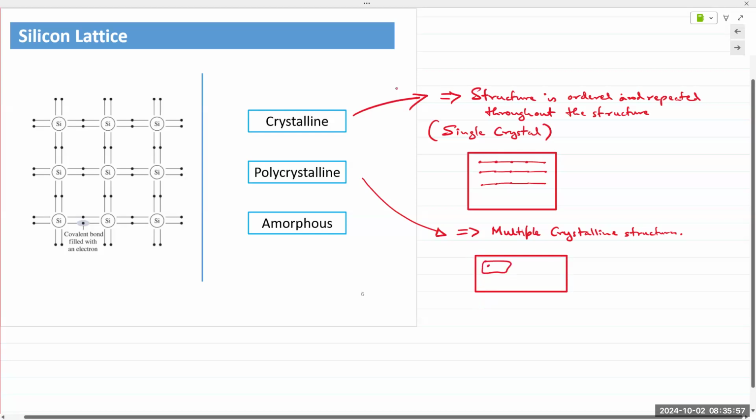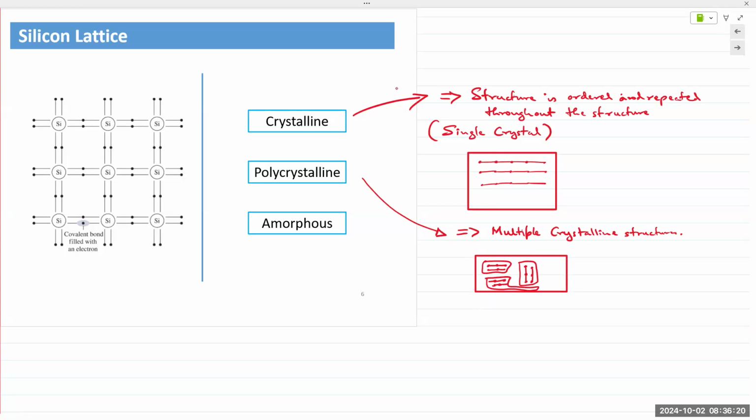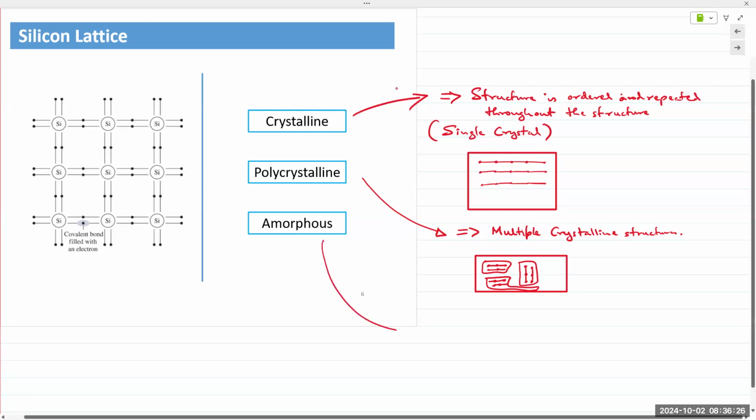You would have a random space where you have crystalline material. As I said, completely random. So crystalline within, but not extending throughout the entire piece of the material. And then amorphous has no ordered structure.